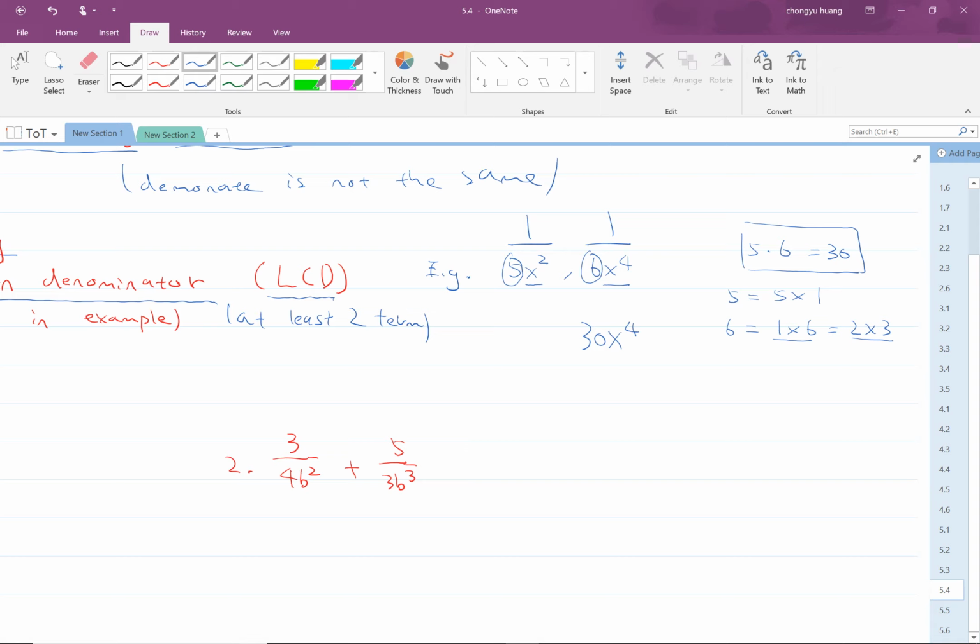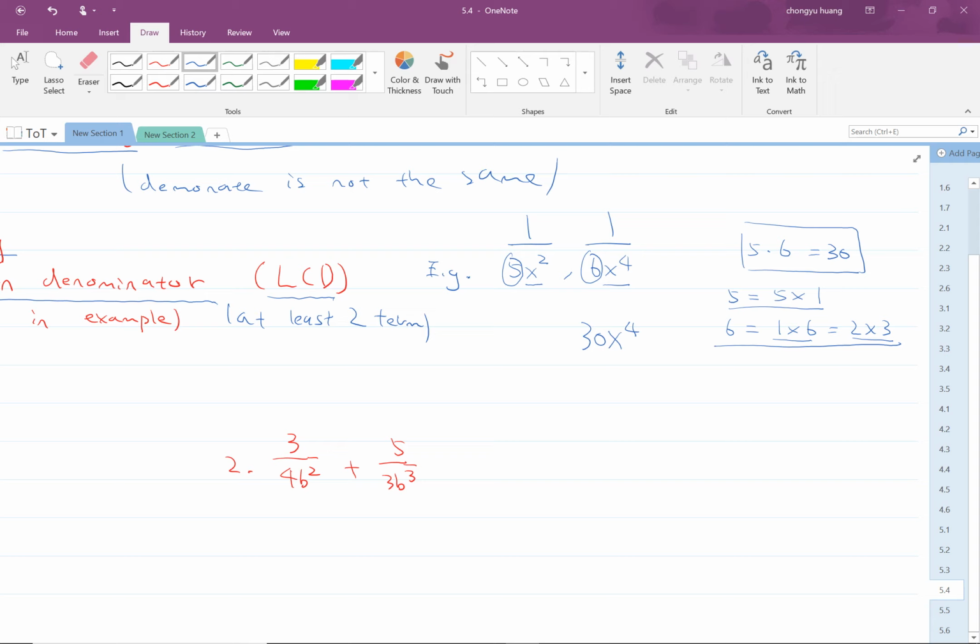Let me repeat again. Between 5 and 6 there's nothing in common. 5 is equal to 5 multiplied by 1, and 6 is equal to 1 multiplied by 6, or 2 multiplied by 3.